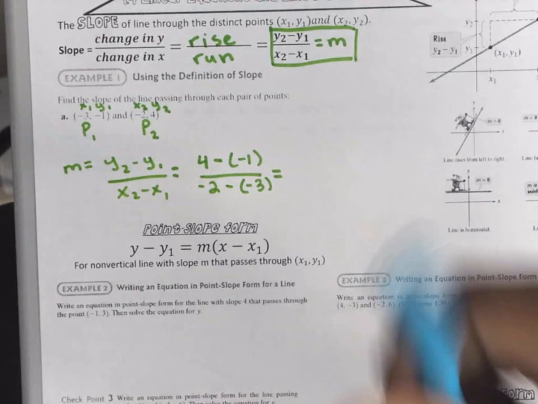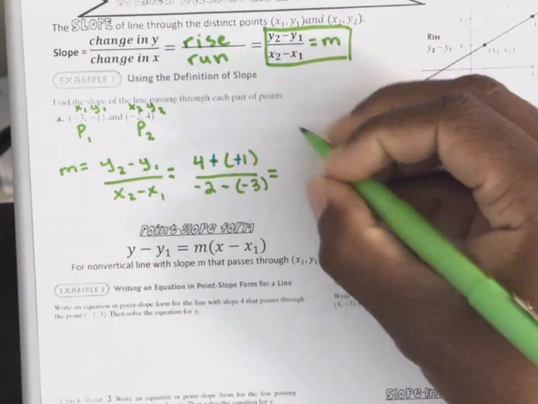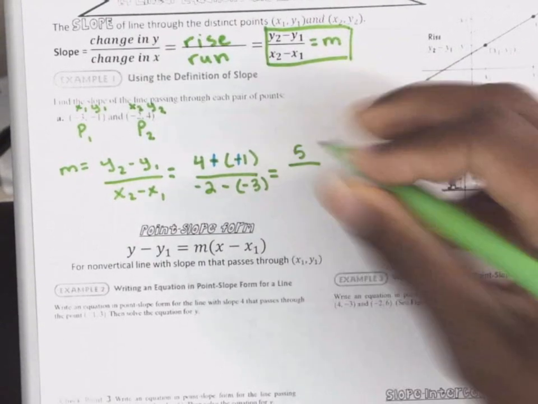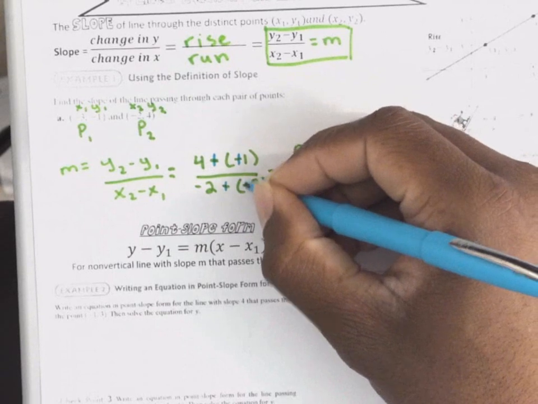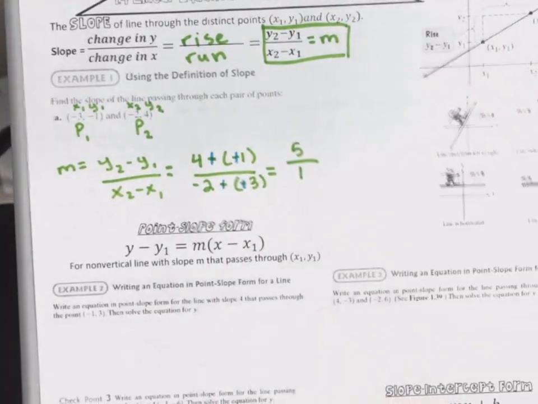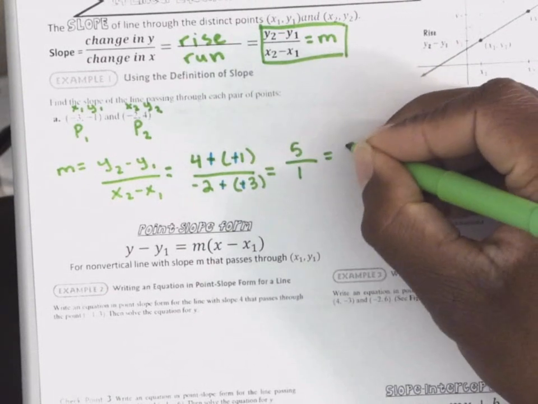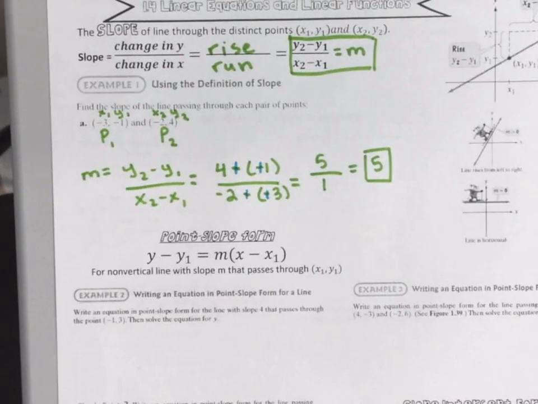Yep, so when I subtract a negative number, I'm going to add it. So 5 divided by, what's the bottom come out to be? Yep, +1. Oh, I can reduce this. So the slope between these 2 points is 5.